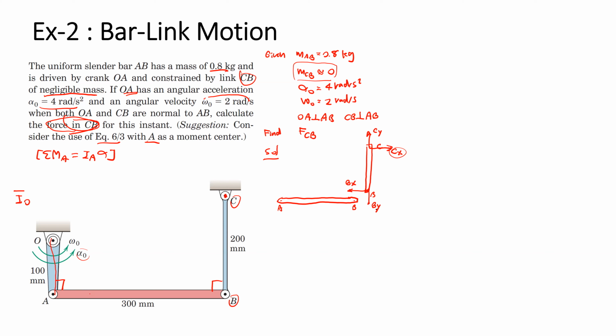Which means for AB, we have the same magnitude of Bx and we have By. But let's see the link BC first.